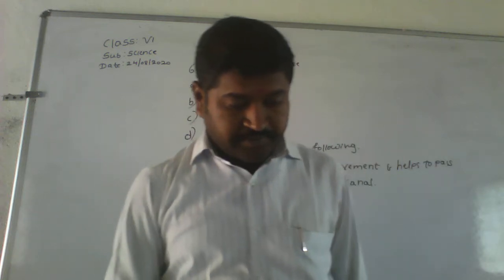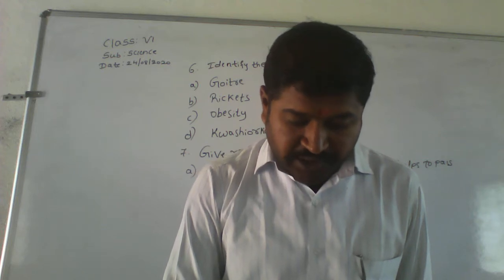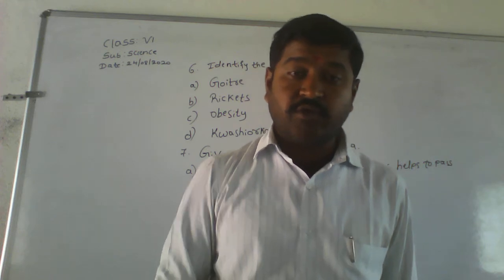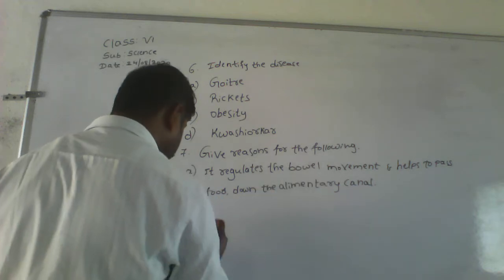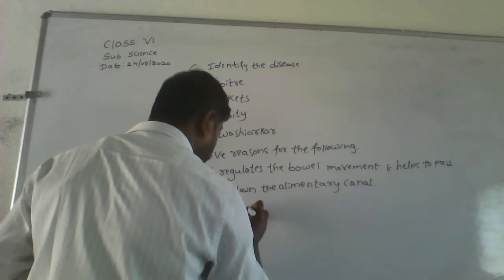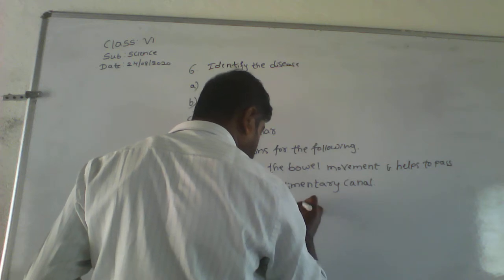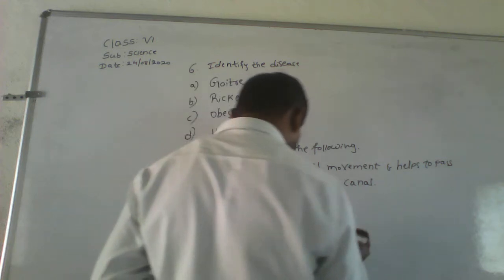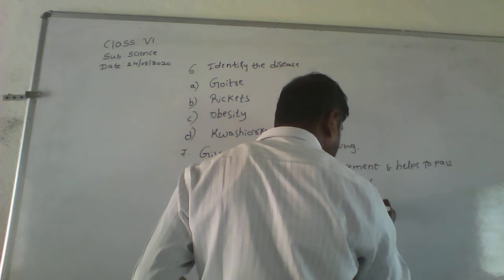Then what is the second one? A growing child requires more proteins than an adult. Why does a growing child require more proteins than adults? It is because it helps in building new cells and for growth of the child.